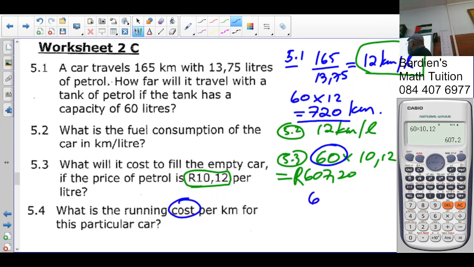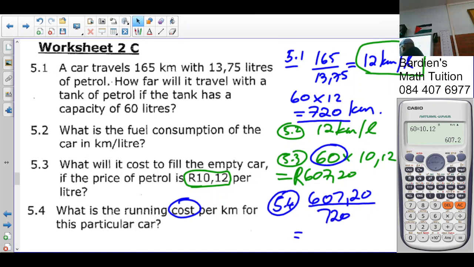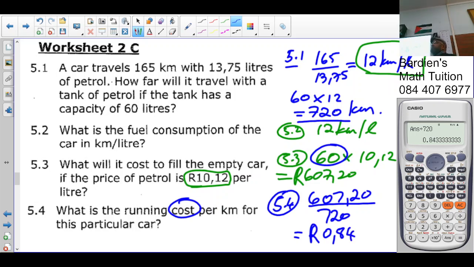So 607.20 divided by 720 gives us 0 rand and 84 cents. Or I could have just written 84 cents per kilometer.